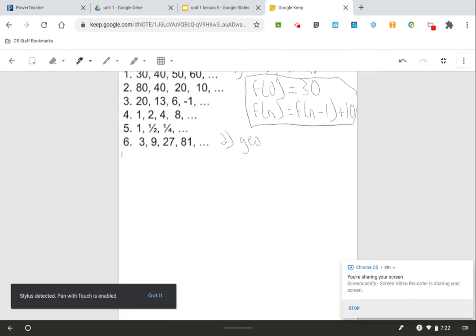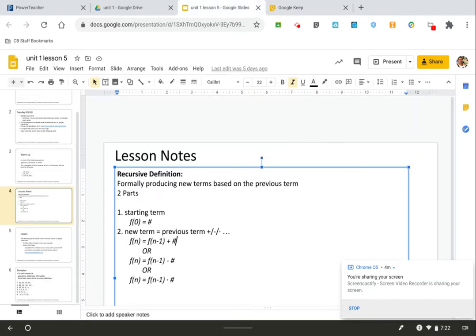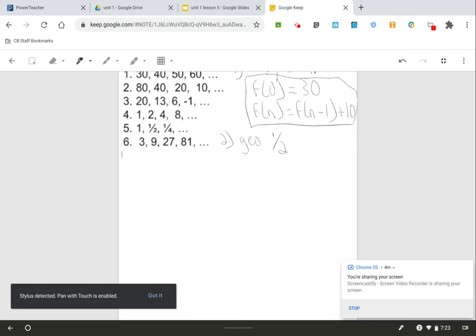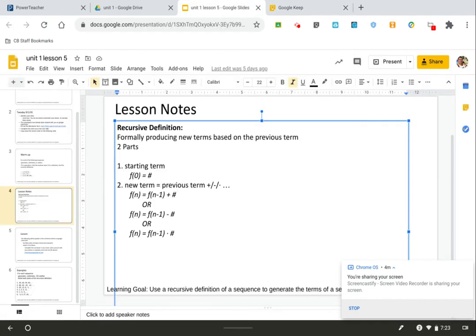Our common ratio is 1/2, because we're dividing by 2. The first part of our recursive definition is f of 0 equals our starting term, which in this case is 80. So f of 0 equals 80.